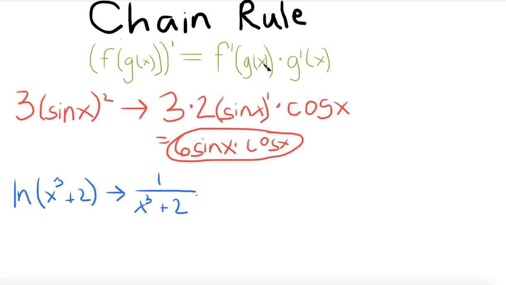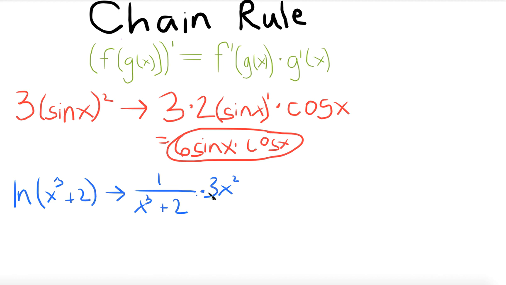So that's our f prime of g of x. And now we need to multiply by g prime of x. So our g function, our inner function, is x cubed plus 2. So the derivative of that we're going to multiply by is 3x squared. Just 3x squared, because when we have a constant and we differentiate, it disappears.